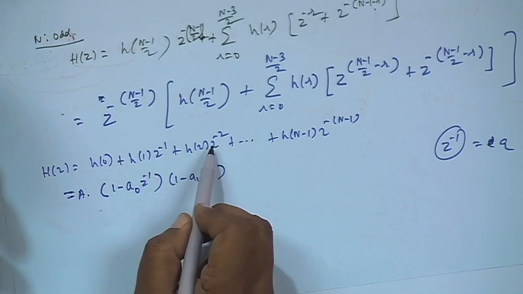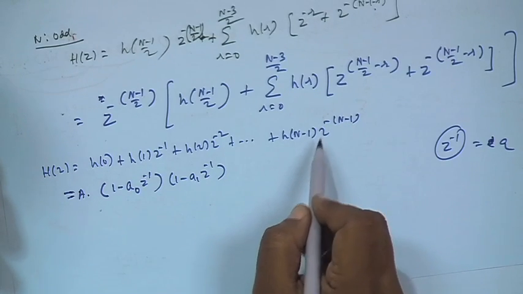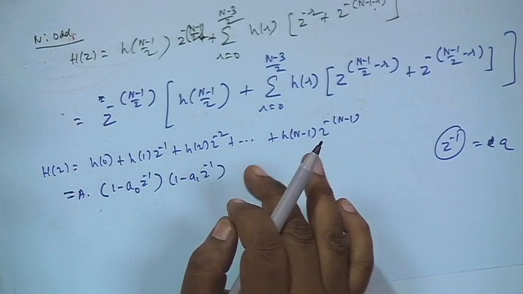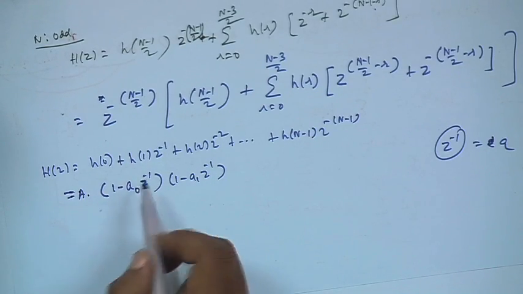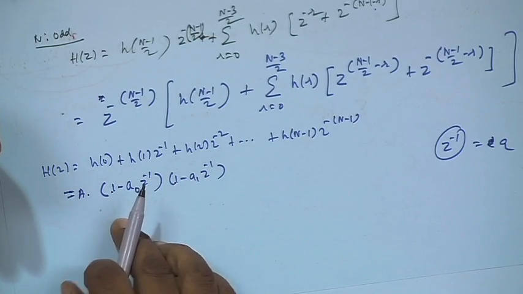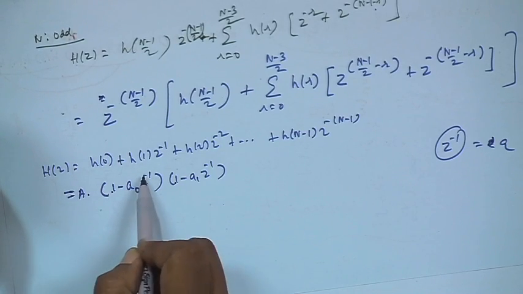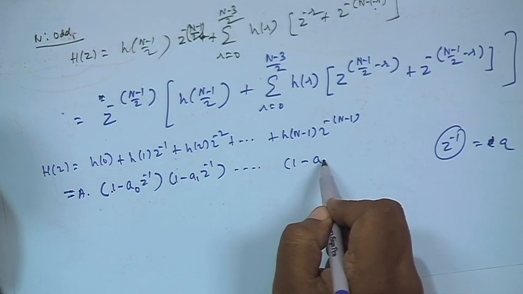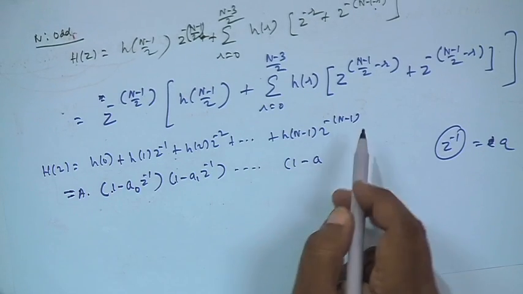So, it will be q, q square, q cube up to q to the power N minus 1. So, it is a polynomial in q up to the degree q to the power N minus 1. So, this polynomial can always be factorized into first order factors. The factors are in this form. I am forcibly keeping a 1 here, so that when you multiply the factors, the 1 times a will give this term h 0. So, 1 minus a 0 z inverse, 1 minus a 1 z inverse, like that dot dot dot up to 1 minus a, how many terms?